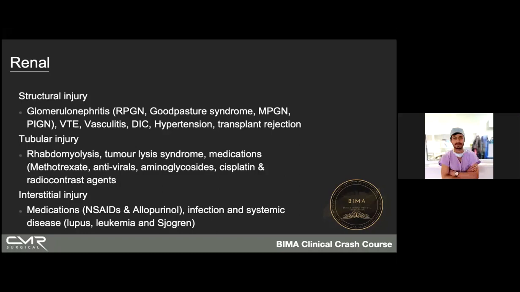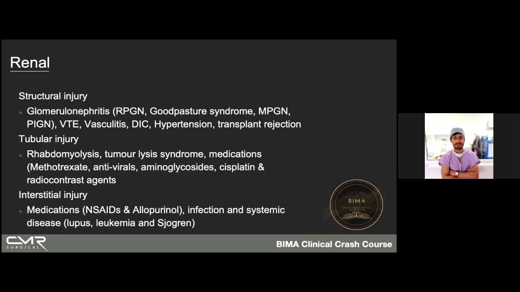You have PIGN, which is post-infective glomerulonephritis. This can usually be after staphylococcus infections, can be after any infection, basically. Also have VTE, venous thromboembolism. It doesn't just have to be a thrombus; it can be an emboli potentially from the left side of the heart.